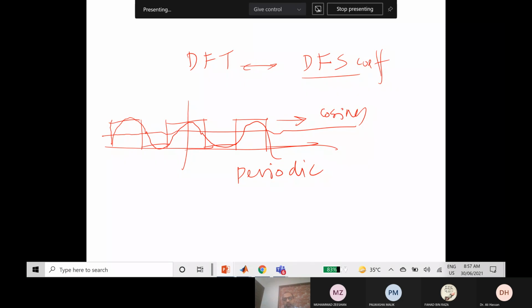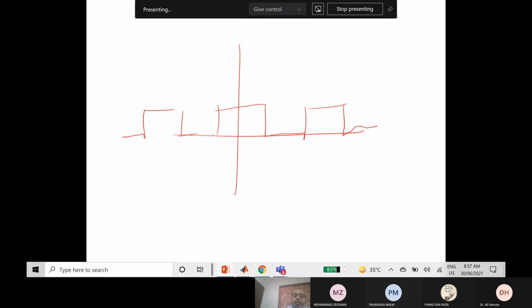Then comes the contribution of the first harmonic, then the second harmonic. As you keep adding the contributions of different harmonics, the sum starts taking the shape of the signal.